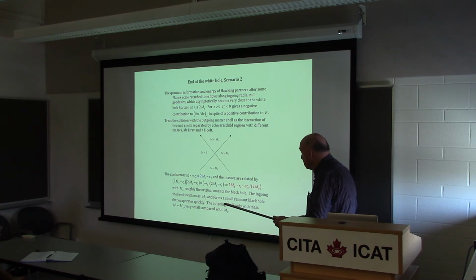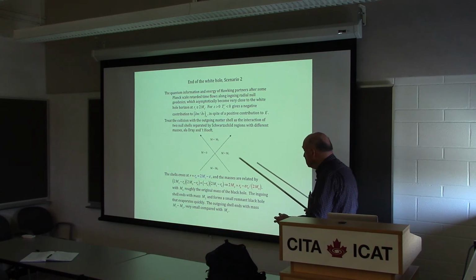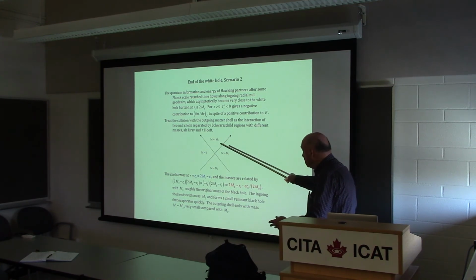So you have this sort of collision of these two null shells. And so 't Hooft and Dray, a while ago, worked out that you can use sort of local conservation laws to constrain what this final mass M2 is.